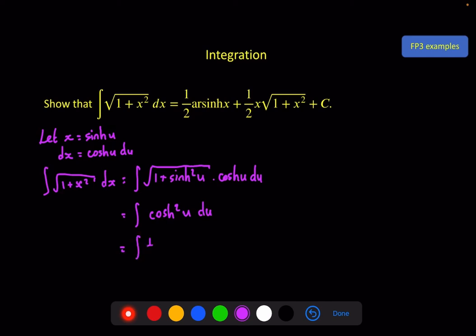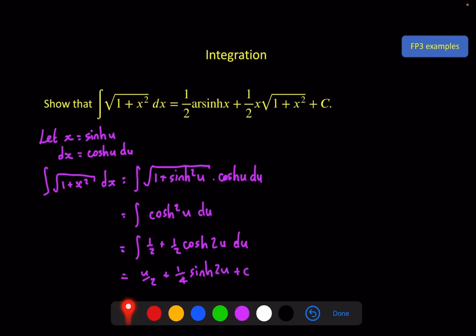And I can integrate that by changing it into 2u. And that will be 1 over 4 because of the 2 from the half and the 2 that comes by dividing by the 2 here. Sinh of 2u plus c.